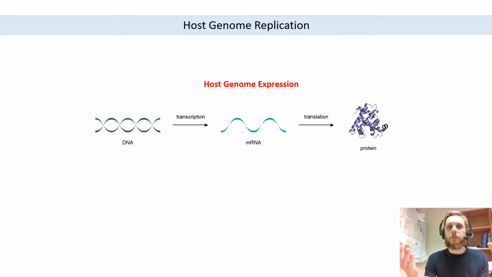Last lecture, however, we went into viral genome expression, which is a lot more of a complicated process. The translation part, as you remember, is the same. Viral RNA can be translated into protein, and this is how viral proteins are produced. However, the way viral RNA is produced is different to host cell transcription.